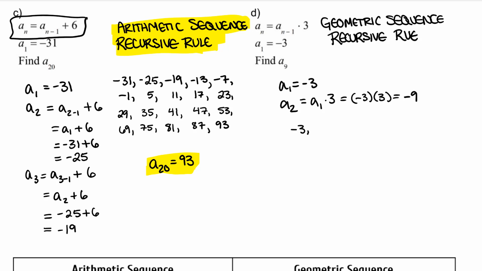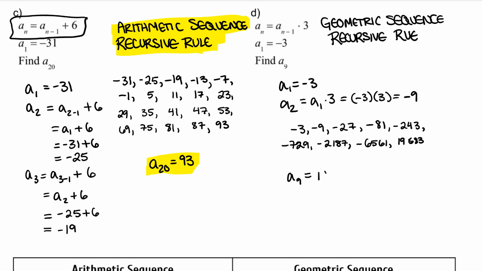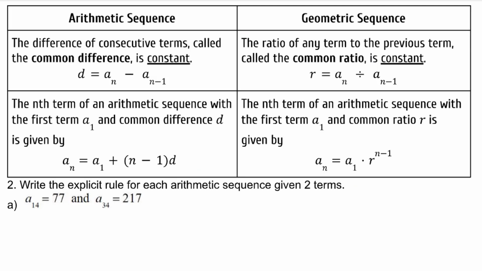Keep multiplying by 3. So a sub 9 is 19,683. When you see a list of numbers, unless otherwise stated, the first term is a sub 1.